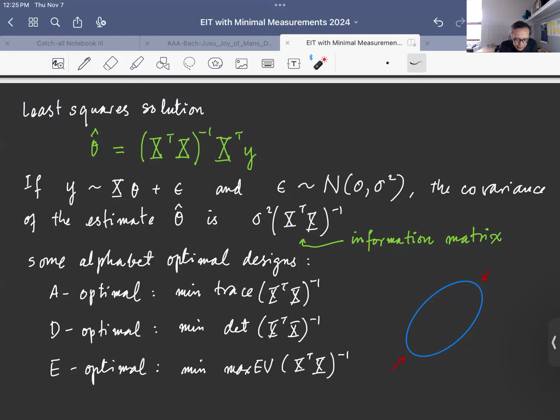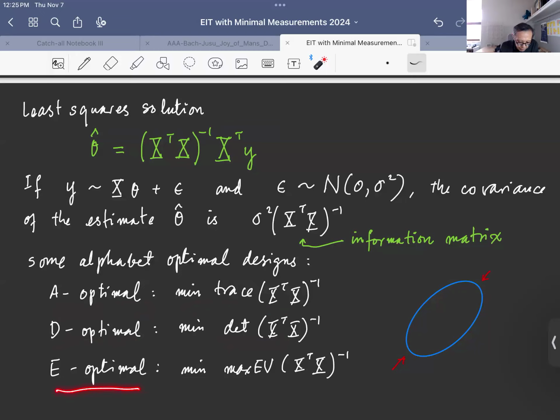So the statisticians have come up with different ways of describing optimality in measurement. One is called A-optimal, where you try to minimize the trace of x transpose x inverse. And then there's the D-optimal, which is minimizing the determinant of x transpose x inverse.